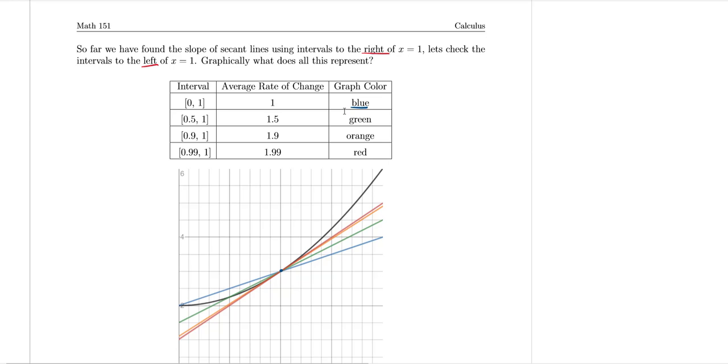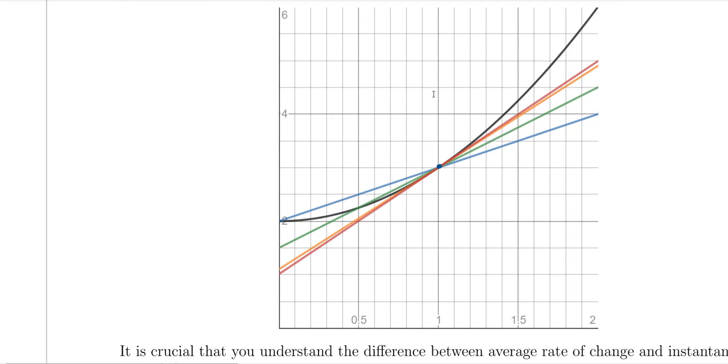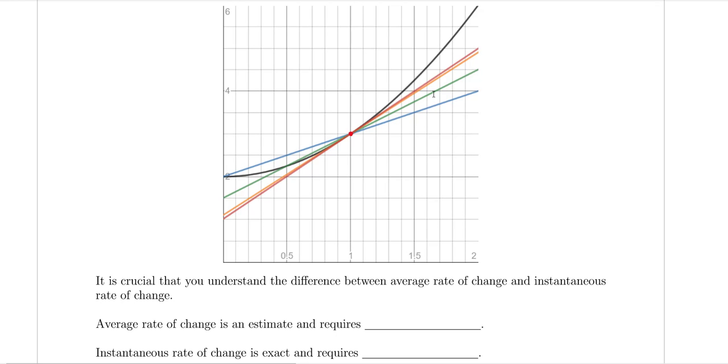But now, as the intervals were getting smaller and smaller, the smallest intervals being in orange and in red, it seems like the secant lines were approaching the tangent line at x equals 1. And that is going to play a very, very crucial role when we get to our study of slopes.